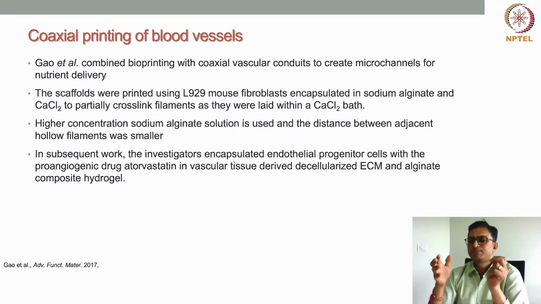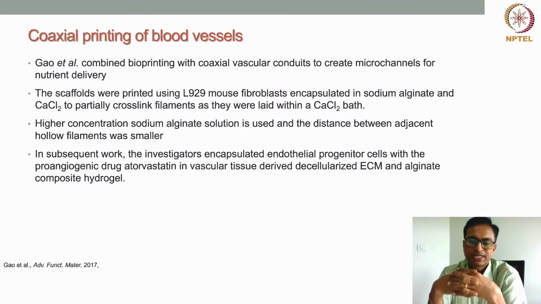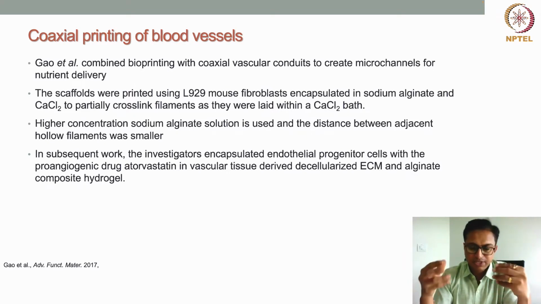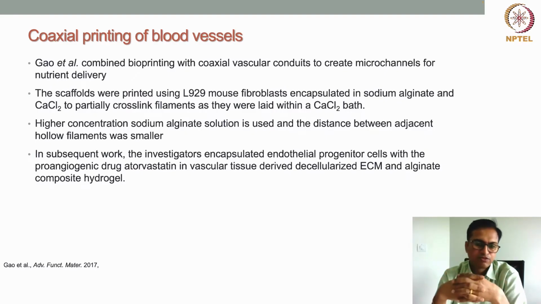So they made a composite of disulfide plus alginate and used the same concept of coaxial bioprinting, by which the tube-like structure was developed and filled with calcium chloride solution, and that can then be used as a blood vessel for further applications.